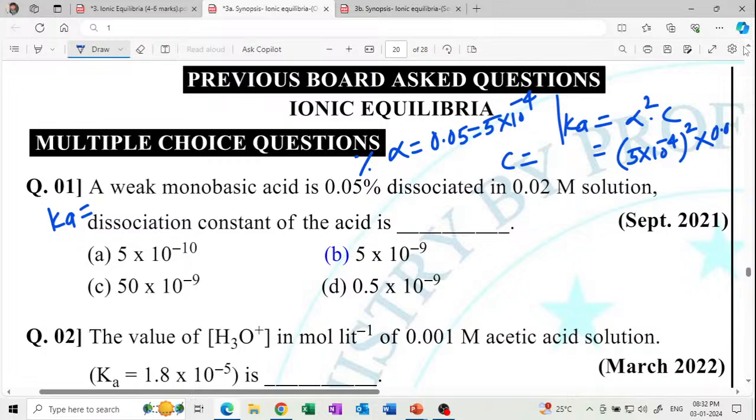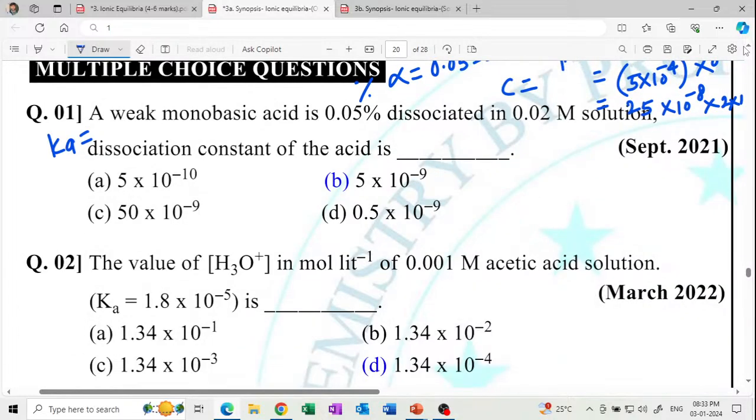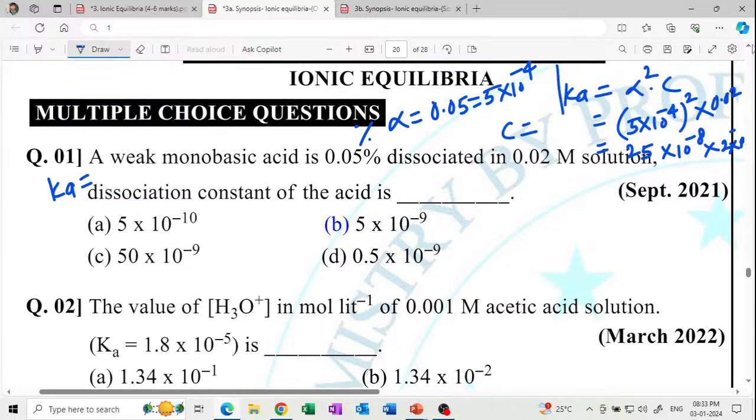The concentration is 0.02. 5 square is 25. 25 into 10 raised to -8, into 2 into 10 raised to -2. So 25 into 2 into 10 raised to -2 -8, which is -10.